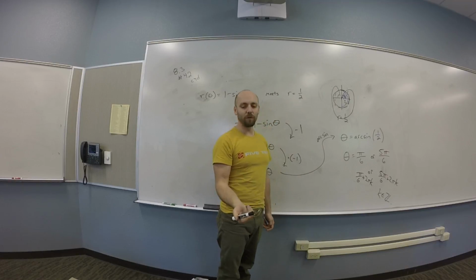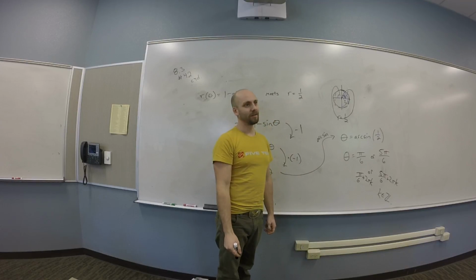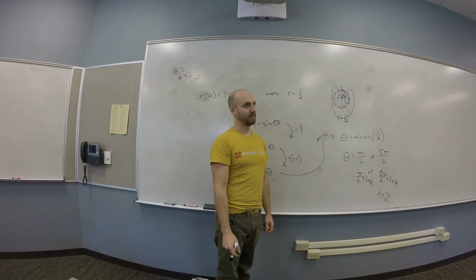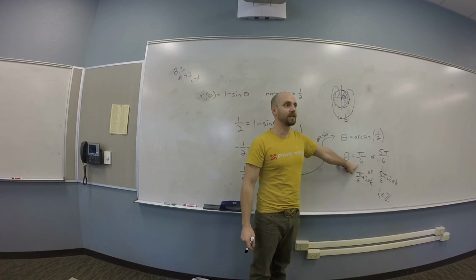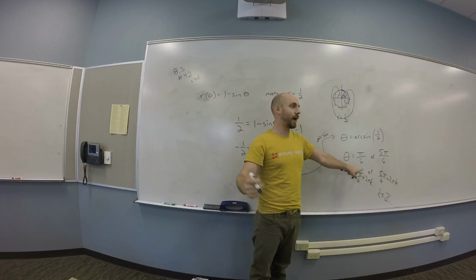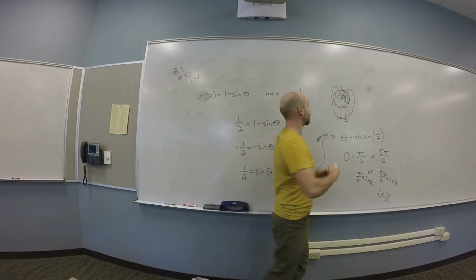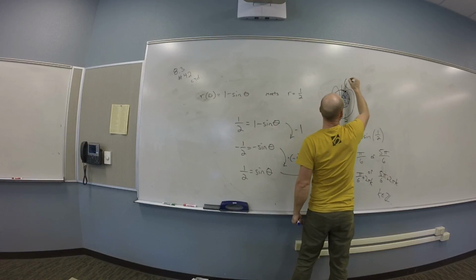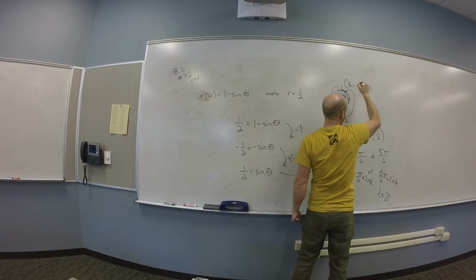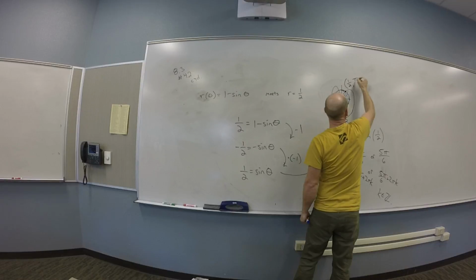But they really just ask for where the points are, right? Yep. So where are the points actually at? The point is when theta is pi over 6, and the radius is 1/2. You see that? So this point here in polar is radius 1/2, angle pi over 6.